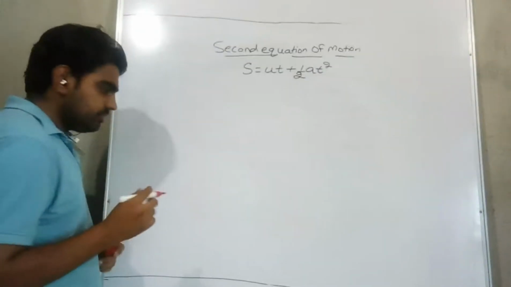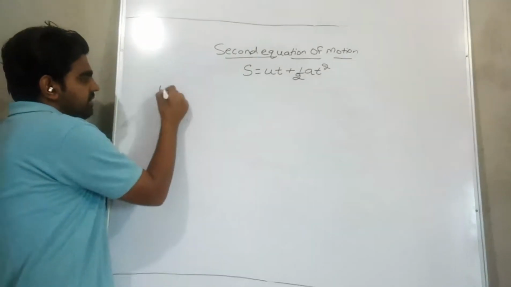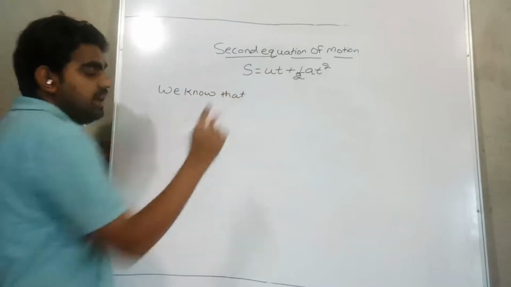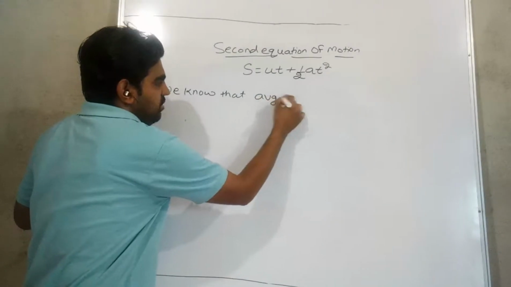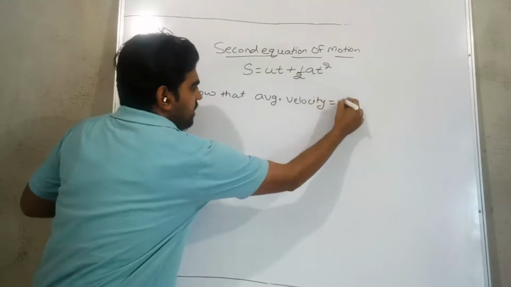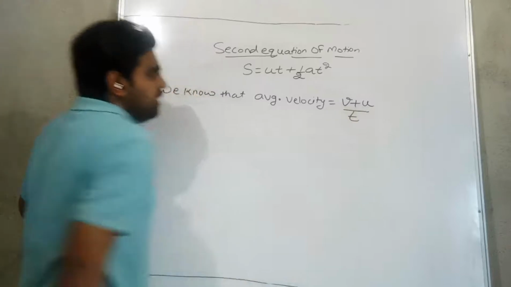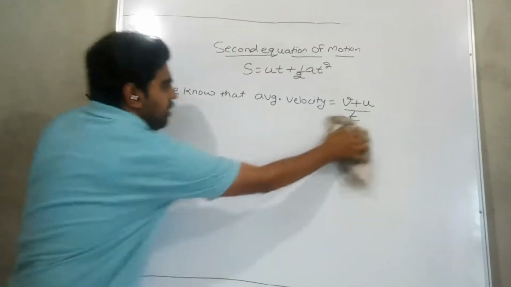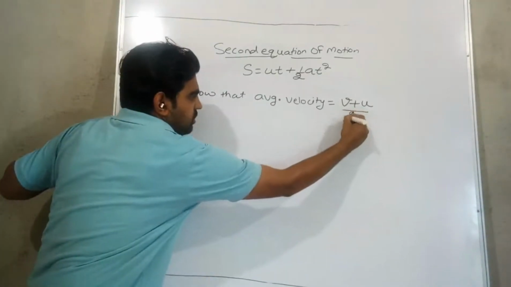Now we know that the formula of average velocity is v plus u upon 2.